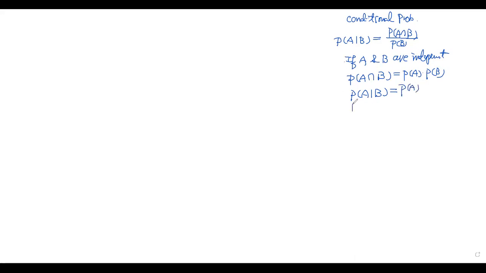The same thing, the probability of B given A will be PB, because whether B occurred or not will not affect the probability that A happens. That's why we call this independence. Those are the few basic definitions we need to know.